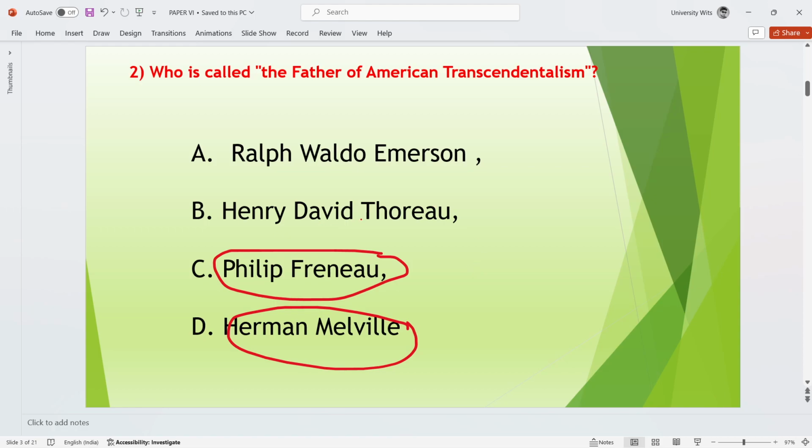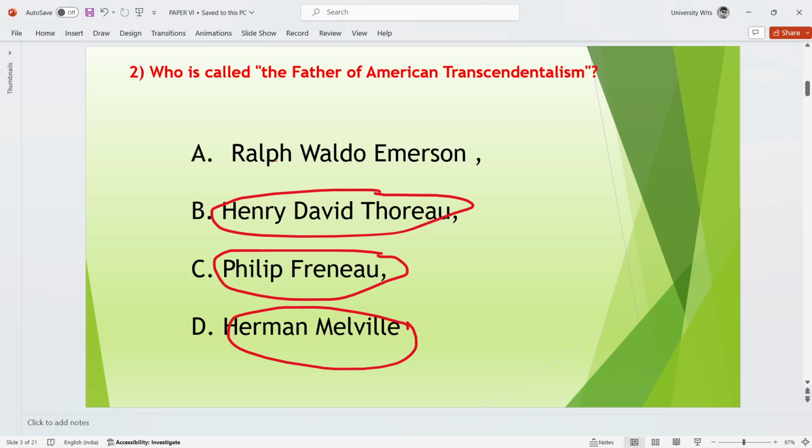Another option is Henry David Thoreau. He was a prominent transcendentalist writer and Emerson's close friend, but he is not typically referred to as the father of American transcendentalism.